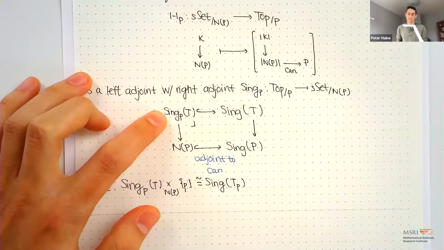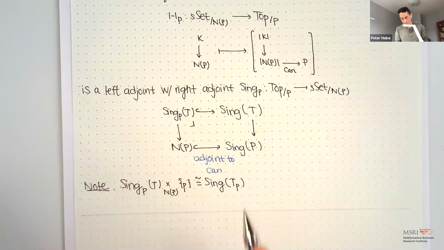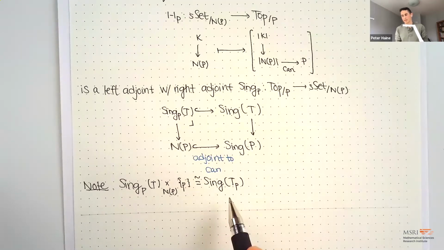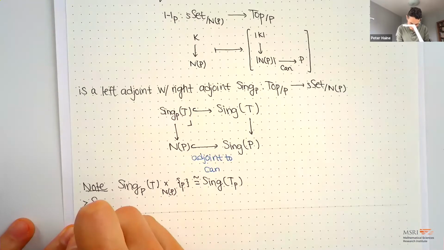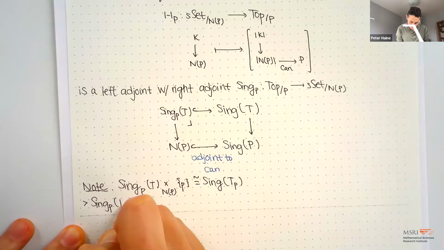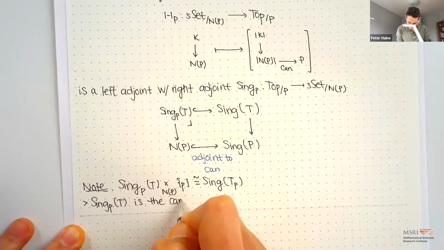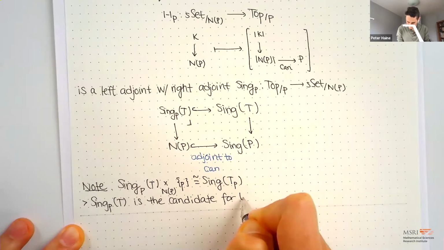It's some simplicial set over the nerve of P, and over every point I get the underlying homotopy type of that stratum. That's looking pretty good. So sing P of T is the candidate for this exit thing.